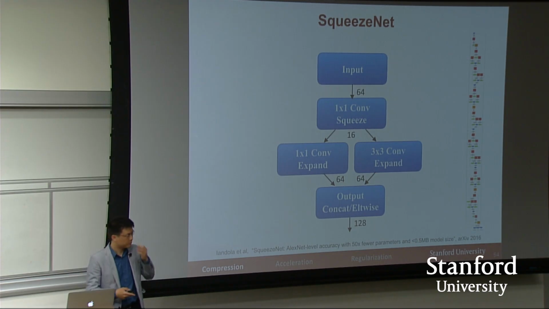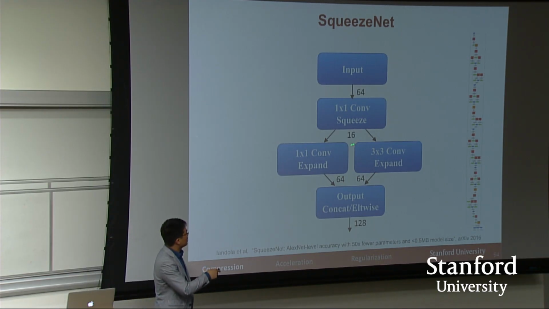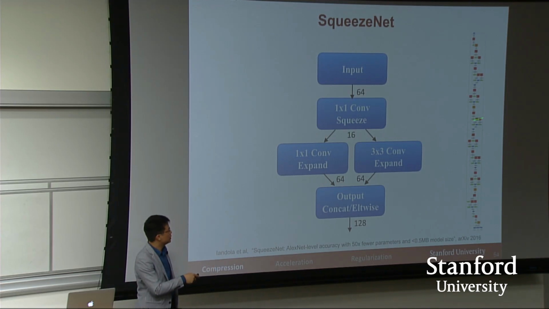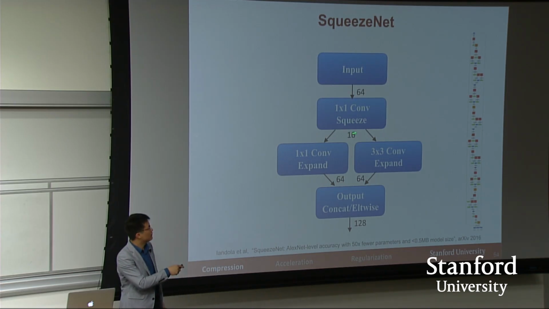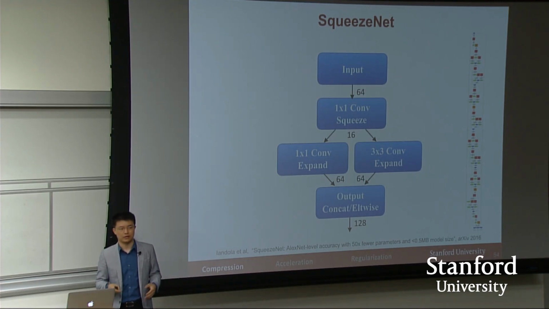The idea is we have a squeeze layer here to shield the 3x3 convolution with fewer channels. That's where squeeze comes from. And here we have 2 branches rather than 4 branches as in the Xception model.